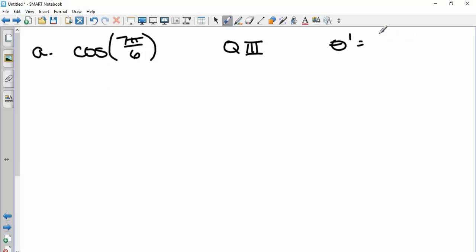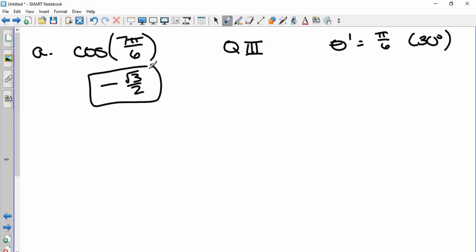Reference angle in radians, you just ignore the number on top, so that's pi over 6, or we know pi over 6 is like 30 degrees. Okay, in quadrant 3, is cosine positive or negative? And then cosine of 30? If you filled out a unit circle, what would you be looking at for cosine? The x. On those ordered pairs, cosine is your x.